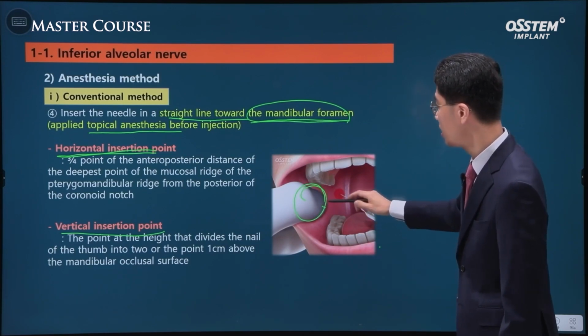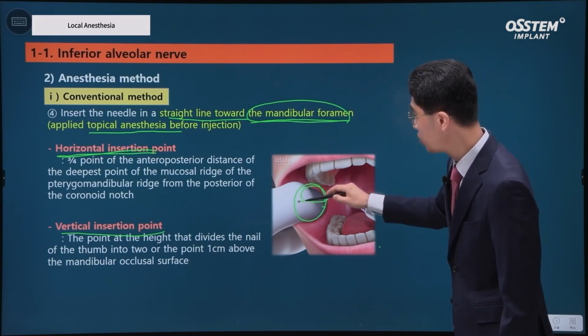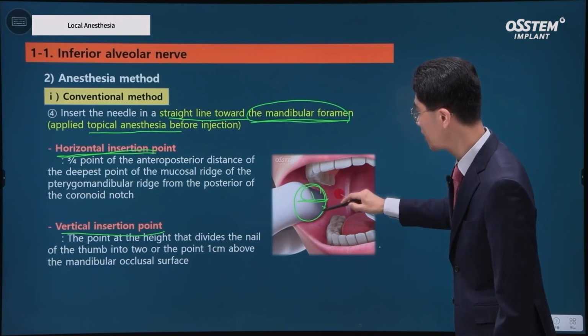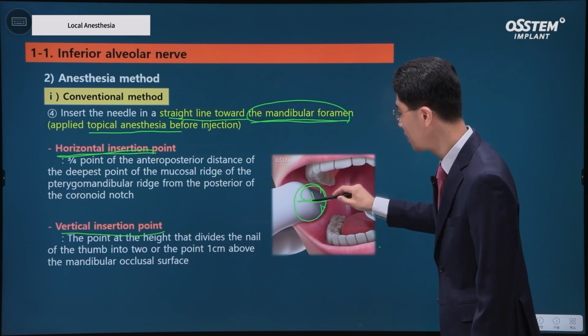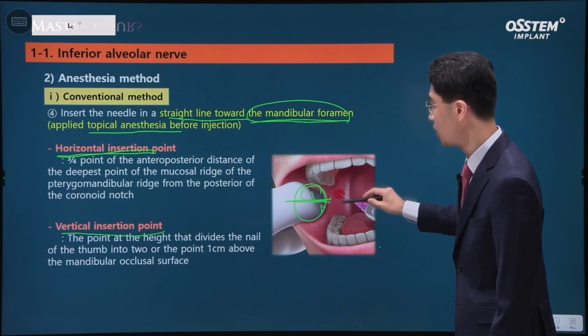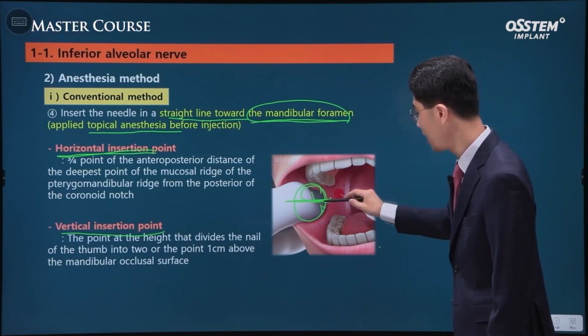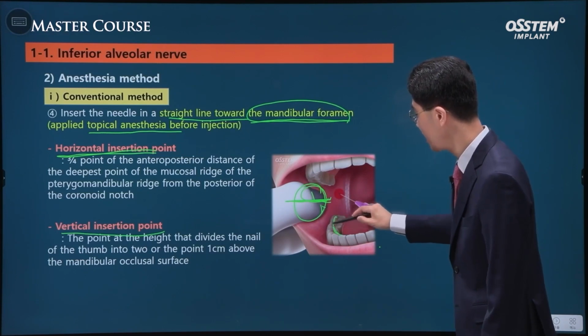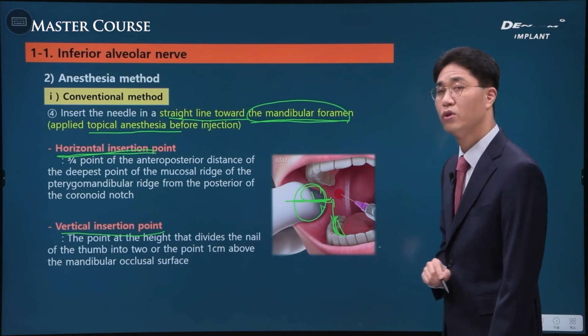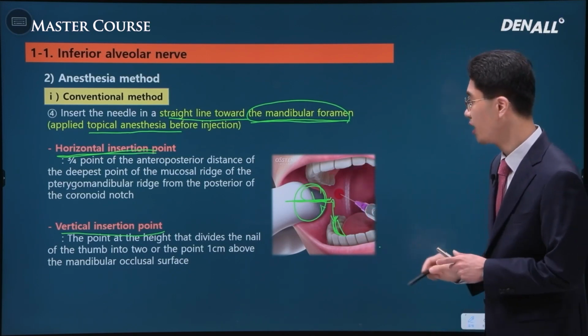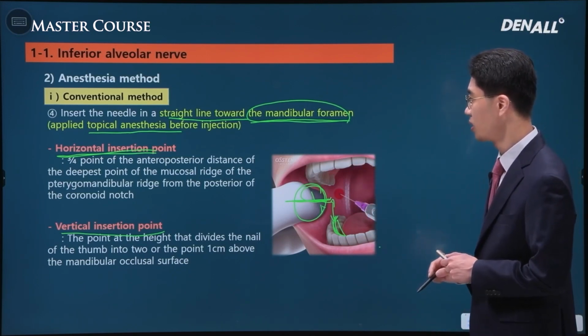If you look at the fingernail of this thumb, and roughly divide it into two, the middle point is the height. That height is about 1 centimeter above the lower occlusal plane, about 6 to 10 millimeters.